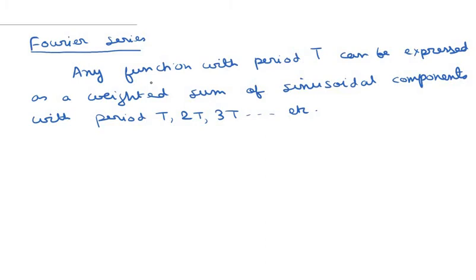Or it forms a complete basis for any function with a period t, because any function in space, here the term in space means with a period t, can be expressed as a weighted sum of sinusoidal components with period t, 2t, 3t, etc. So the set of sinusoidal components with periods of integer multiples of t form a complete set or a complete basis for any function with time period t.